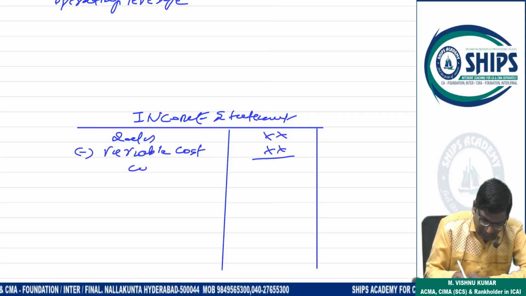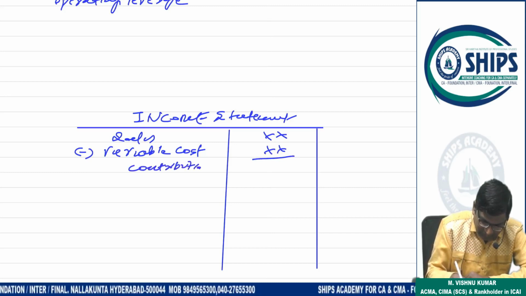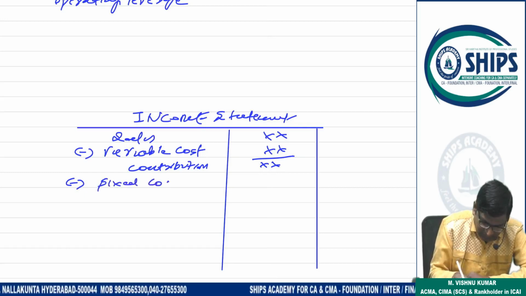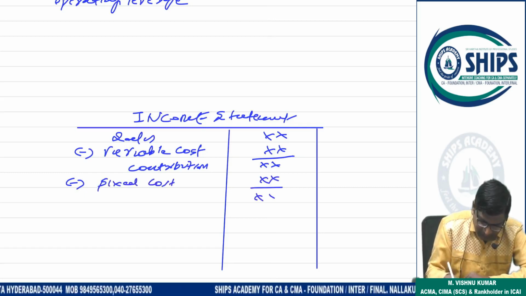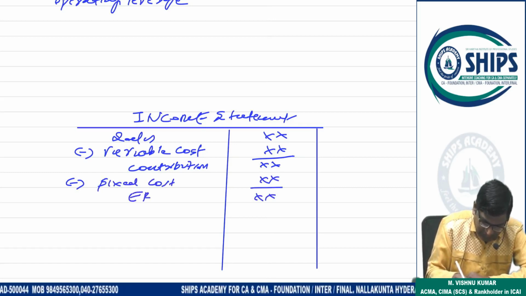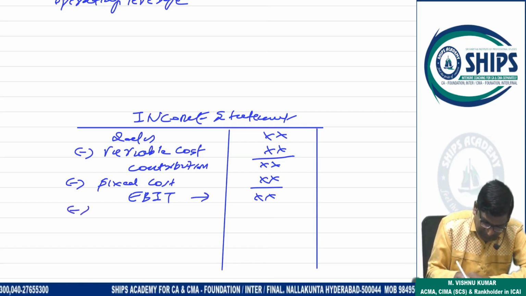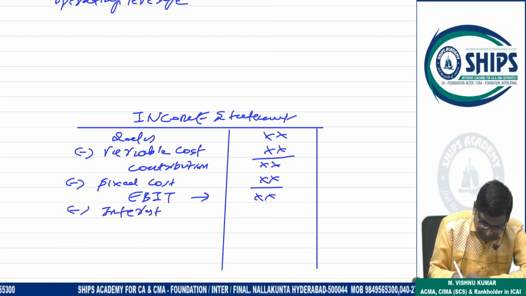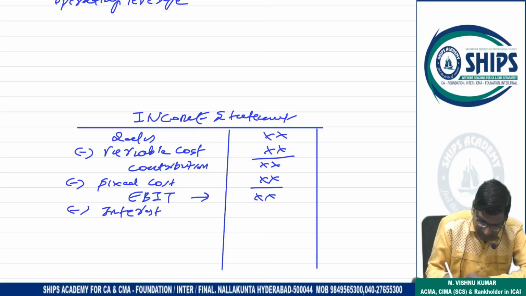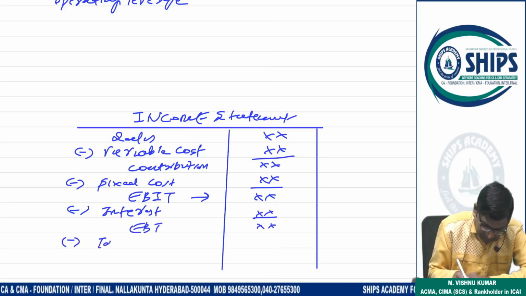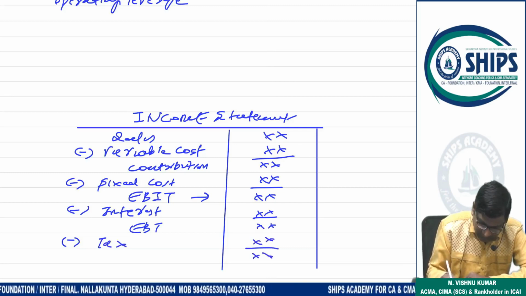So sales minus variable cost, contribution. Then minus fixed cost. Then this is called EBIT. Understand? Then minus interest. This is called EBT. Then minus tax. This is PAT, or earning after tax.